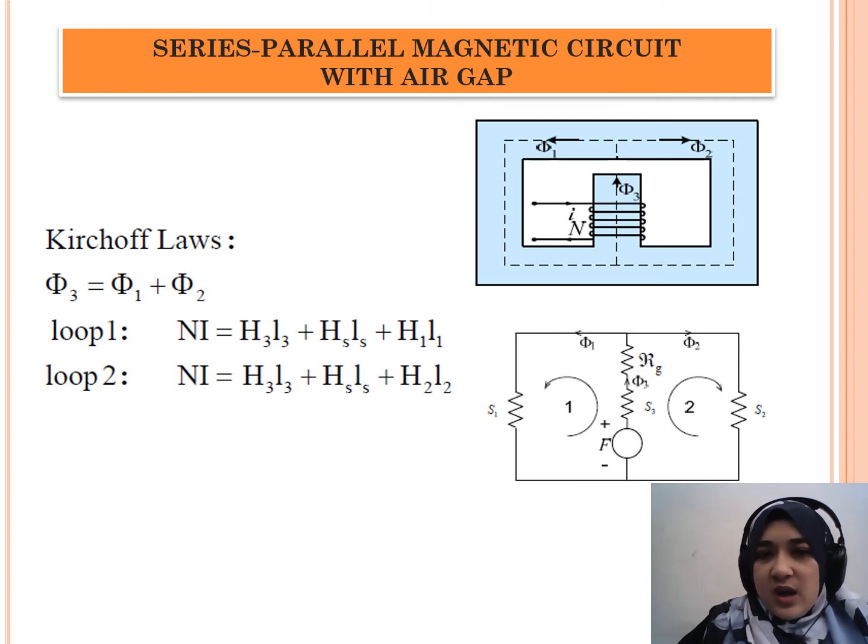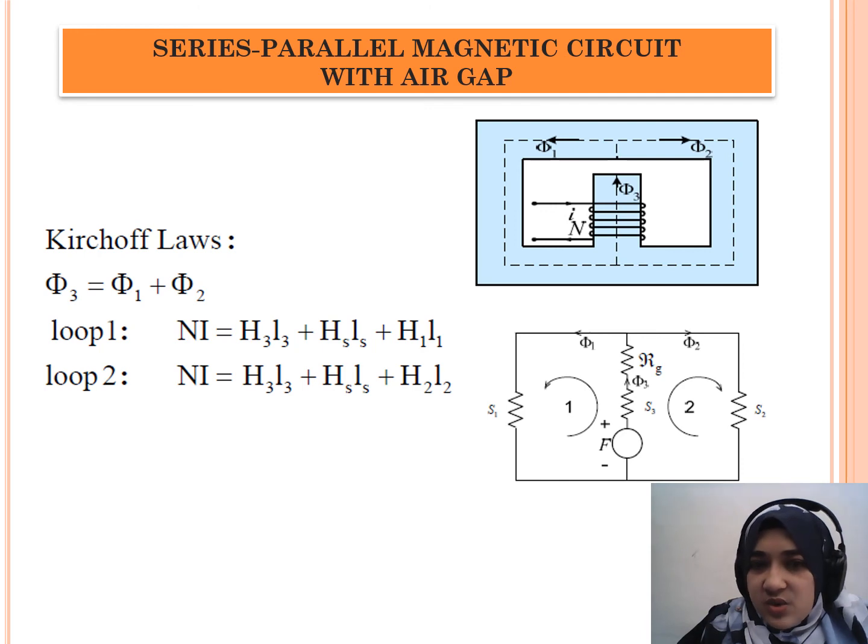Good. This one we have an air gap. The coil is in the middle too, but with an air gap. So we have the reluctance of the air gap here in phi 3. You read it. Loop 1, because it's here, right?